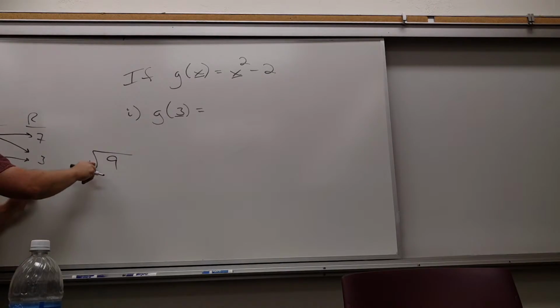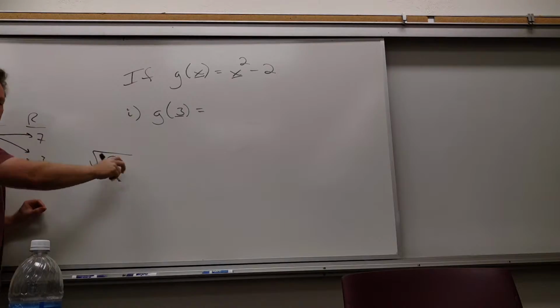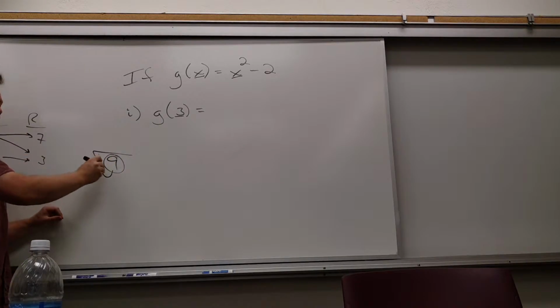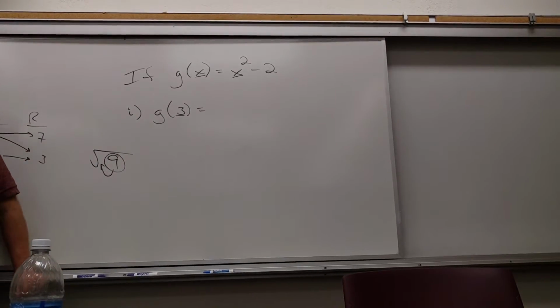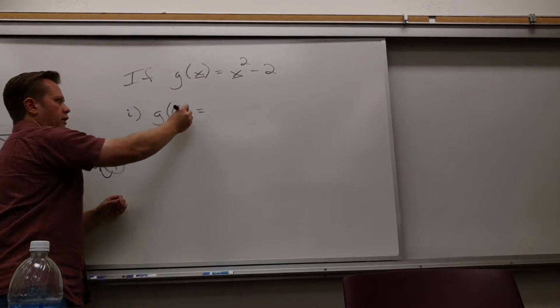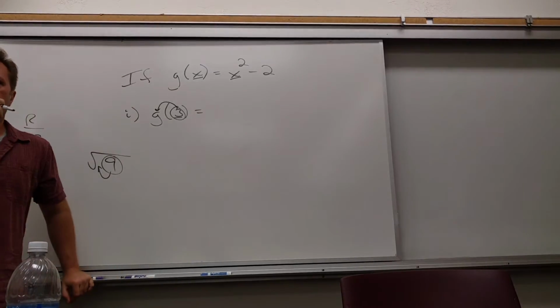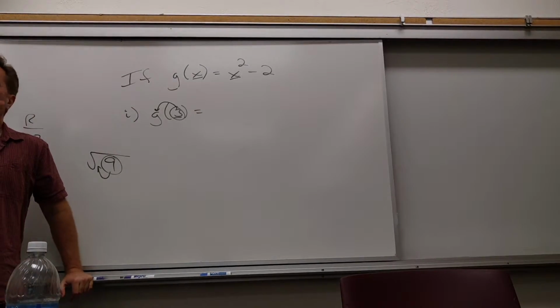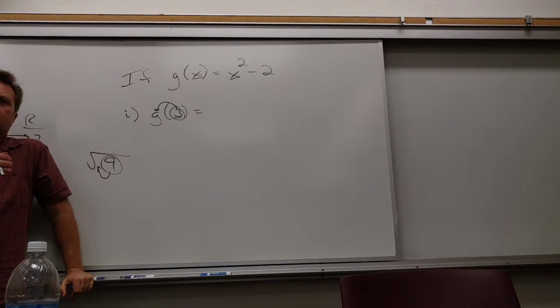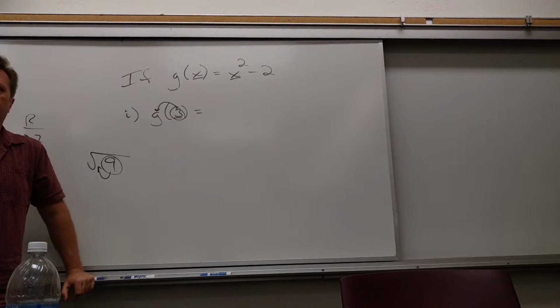This is not square root symbol times 9. This is a 9 that has been put inside of a square root symbol. So this is a 3 that wants to be put into the g function. It's a different use of "of." It's not percentages of or fractions of. A function of something means the function value at that place.